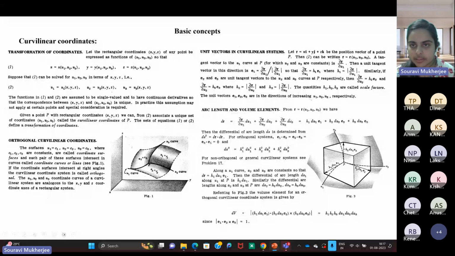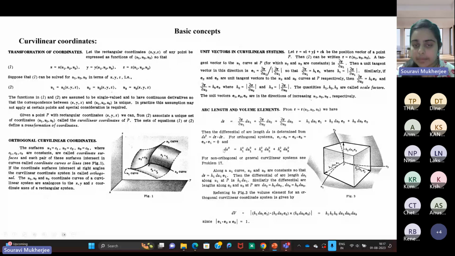And using the definitions that we just understood, you can replace it here. Now if you have orthogonal systems, each of these unit vectors will have a dot product of 0 because the angle between them would be 90 degrees. And then this is your arc element or arc length in that case.